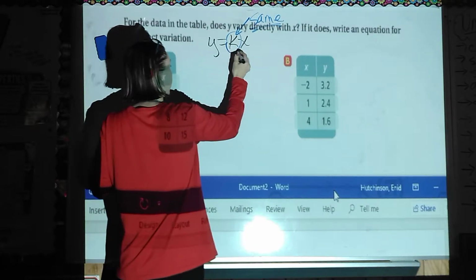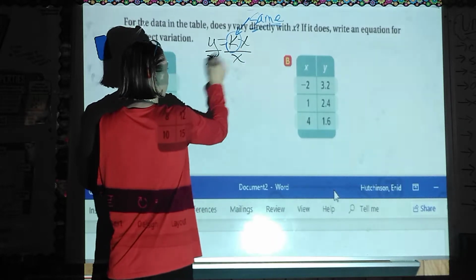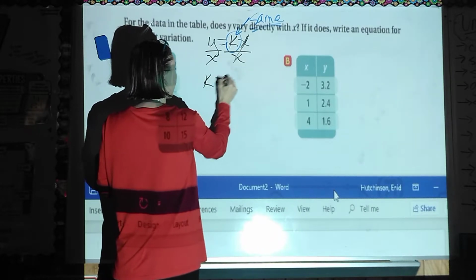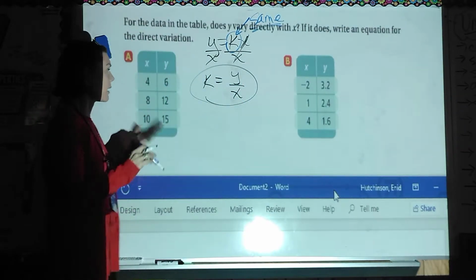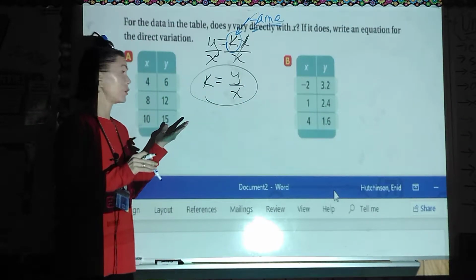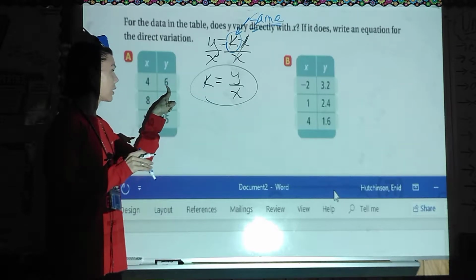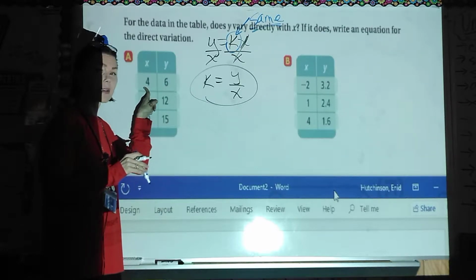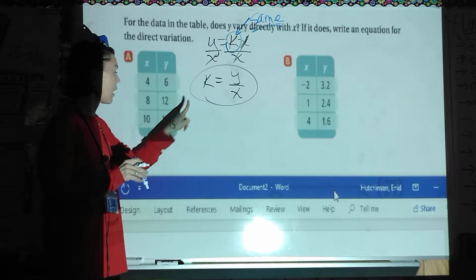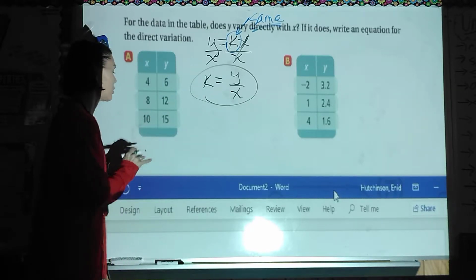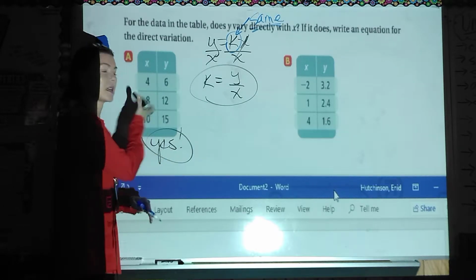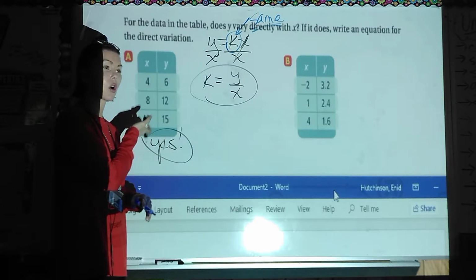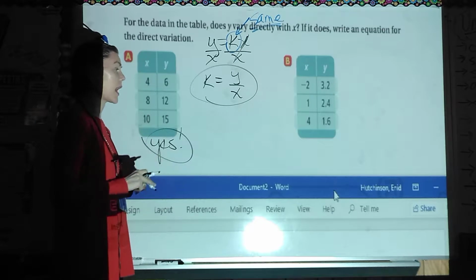Well, we divide by x on both sides, okay? And k equals y divided by x. Here it is. So with the table, you're going to take your y and divide it by x. And if you get the same number every time, then you can say, yes, this is a direct variation, or no, it's not, depending on what you get.